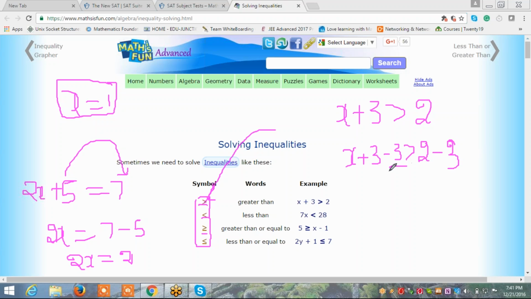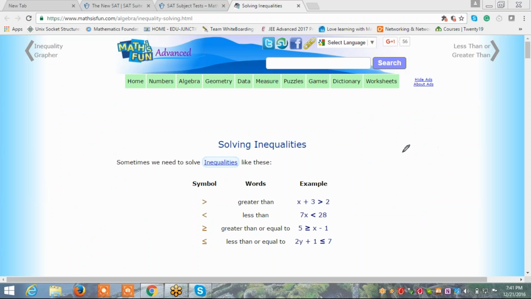If we subtract minus 3 here, here also you need to subtract minus 3. The way of solving inequality is different. Understood? Is it clear up to here? Let me go deeper into that concept. Any doubt, please feel free to ask.